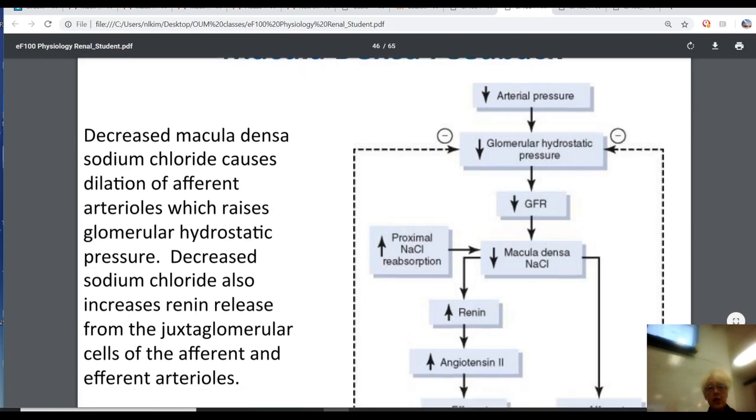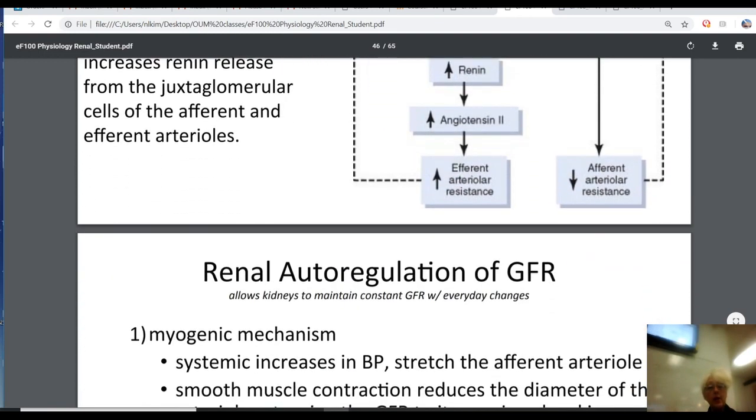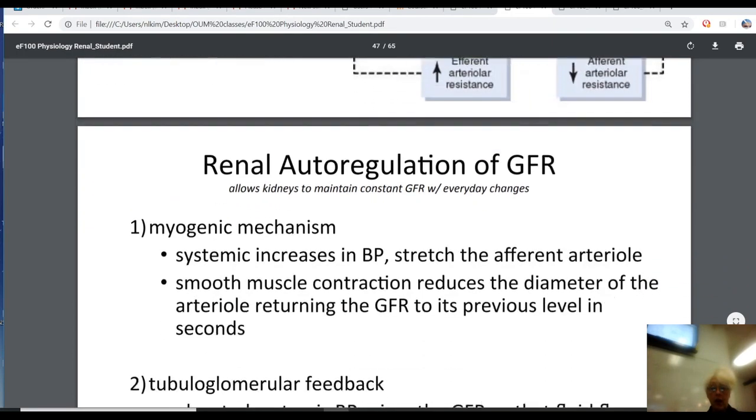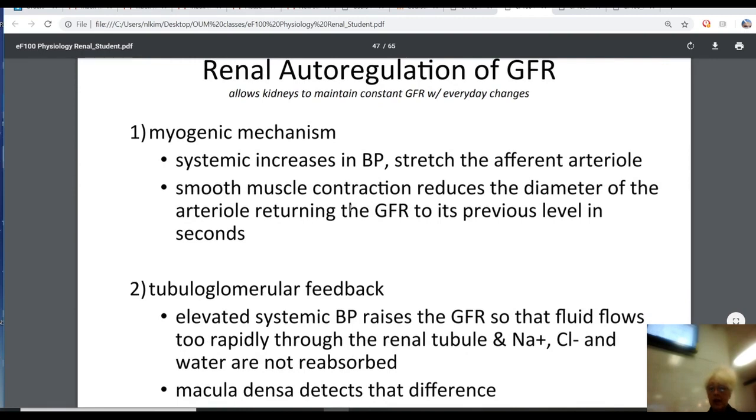So if there's a decrease in GFR, then there has to be an increase in sodium chloride absorption, which will cause an increase in water, which will then cause an increase in renin and angiotensin, which will increase your blood pressure. And so you have your regulation of fluid waste.